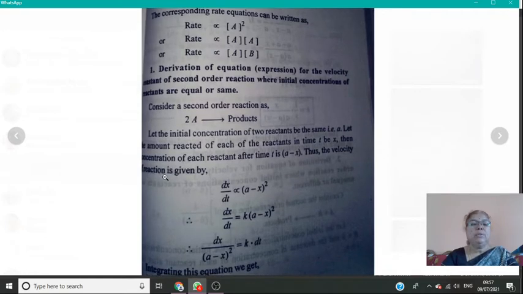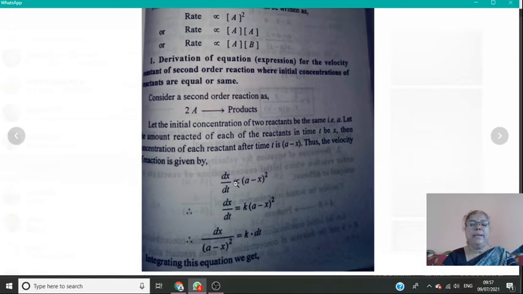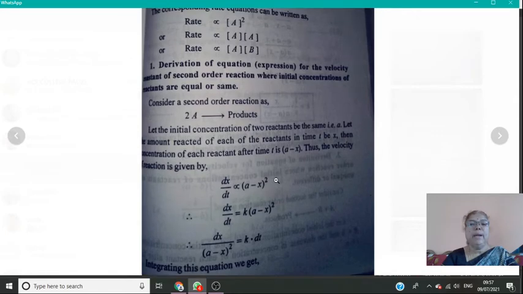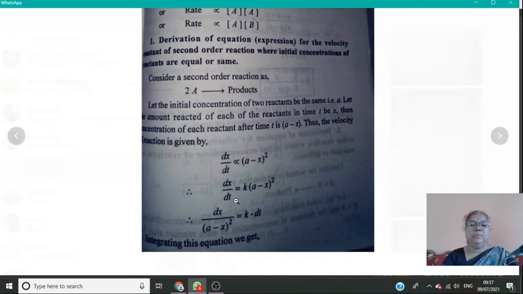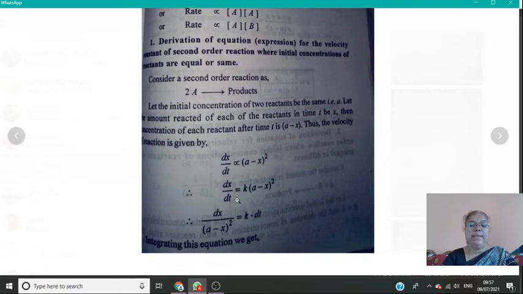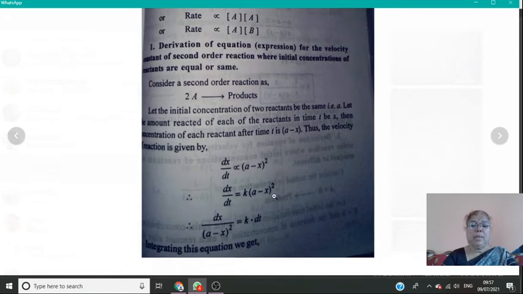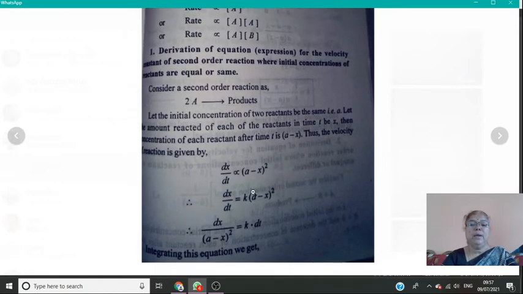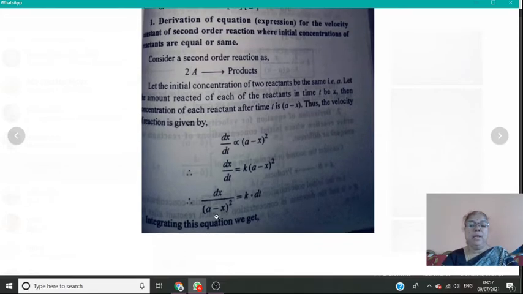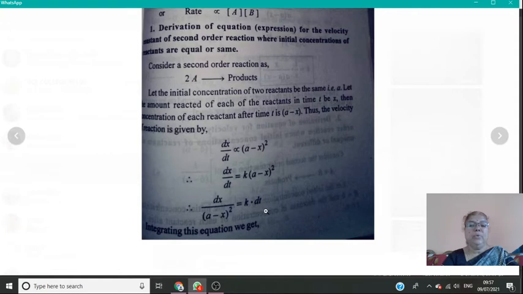Thus, the velocity of the reaction is given by dx by dt, which is proportional to (a minus x) whole squared. We can write this as dx by dt equal to k into (a minus x) whole squared, and rearranging this we can write dx upon (a minus x) whole squared equal to k into dt.